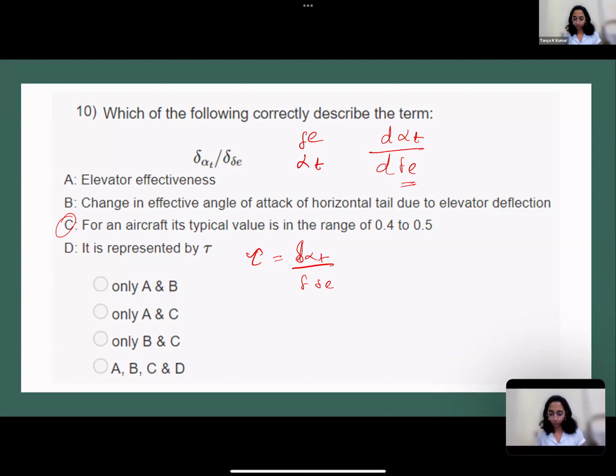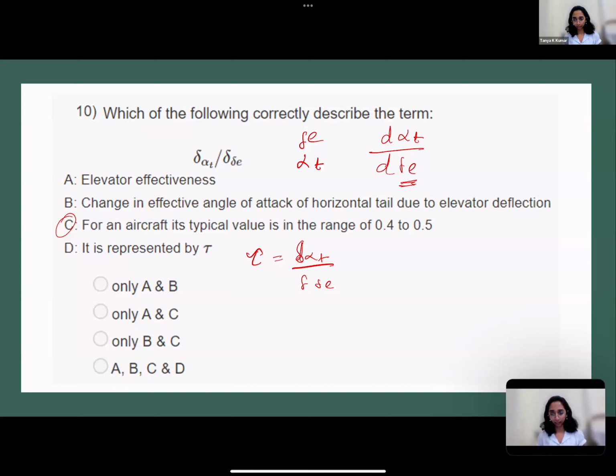Positive. So if I deflect the elevator down, will alpha tail be positive or negative? Deflecting elevator down, is it positive or negative? Sign convention. Harshit, you'll have to tell me negative is for what?